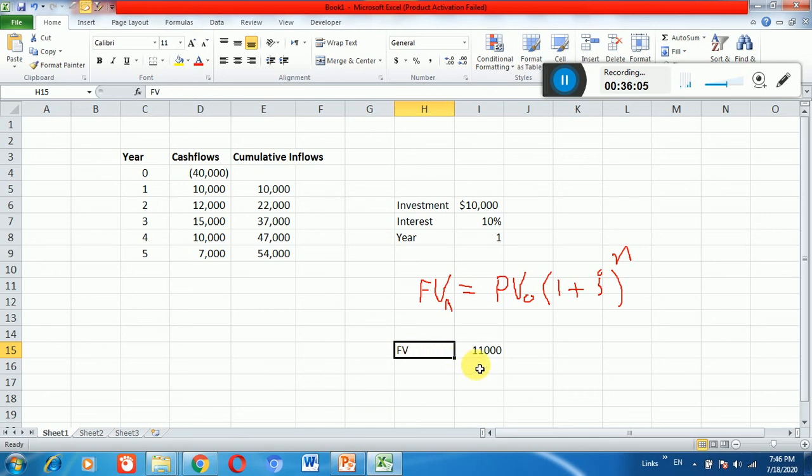Now dear students, if I need to know my present value, to compute the present value back, I use another formula we have for present value, and let me write it here.